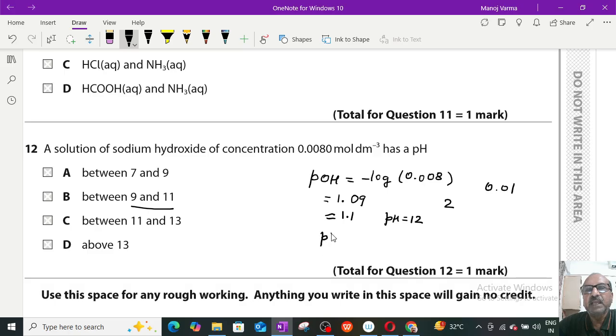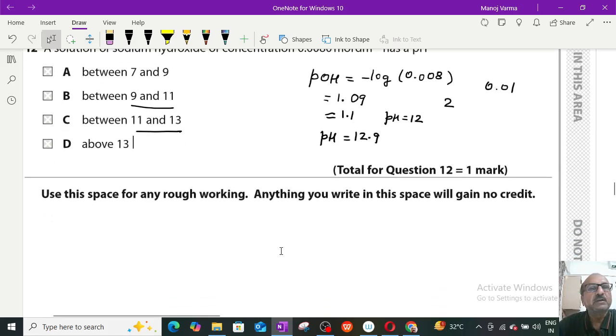So the pH would be roughly 14 minus that, that is about 12.9. Yeah, so sorry, it won't be between 9 and 11, it would be between 11 and 13. Okay, so let's go forward and do the other questions, right?